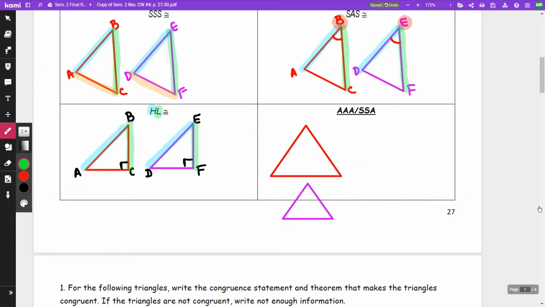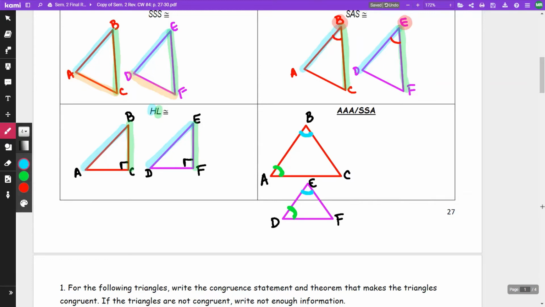So right now, if I was to call this one A, B, C, and this one D, E, F, this angle here is the same as this angle here. It's a little thicker. So this angle here and this angle here are the same.